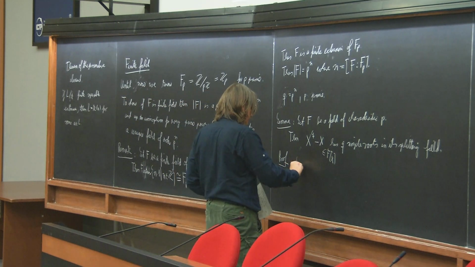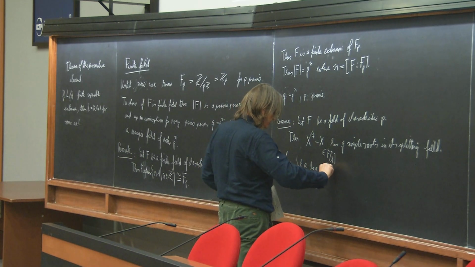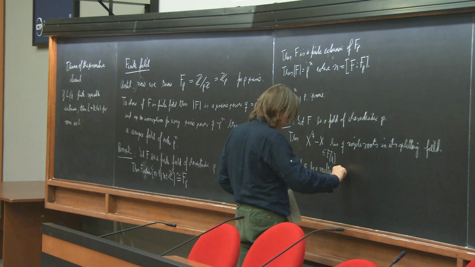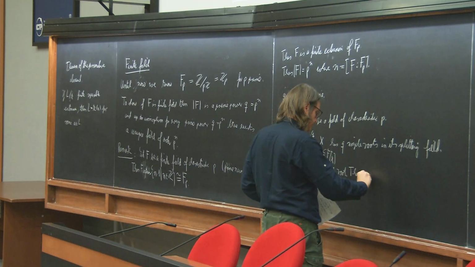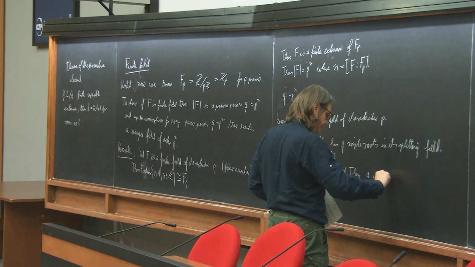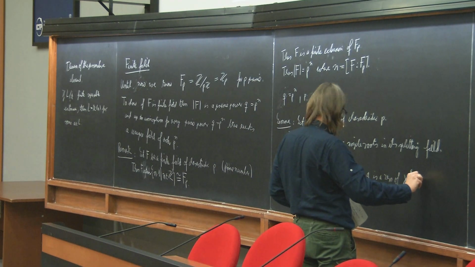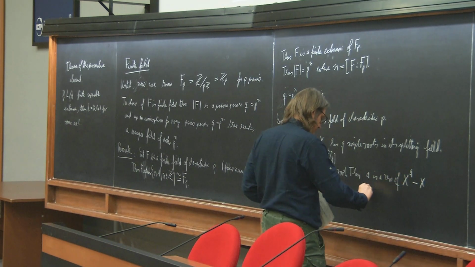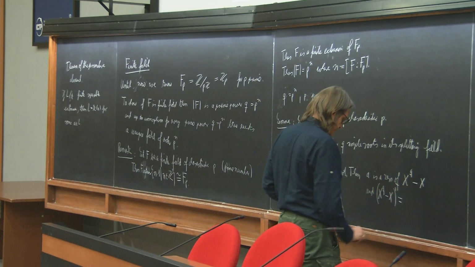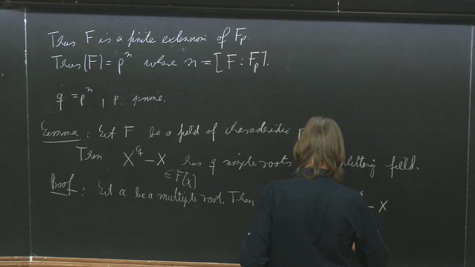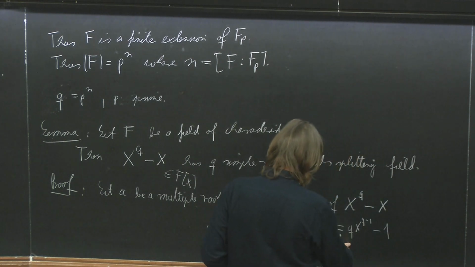So let A be a multiple root. Then A is a zero of x to the q minus x and of its derivative, (x to the q minus x) prime, which is q x to the q minus 1, minus 1, and q is equal to 0.